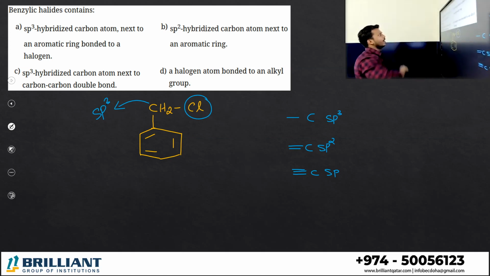Okay, let's see. Benzylic halide contains an sp3 hybridized carbon. What is option A? An sp3 hybridized carbon atom next to an aromatic ring bonded to a halogen. Yes or no? The halogen connected carbon is sp3 to which an aromatic ring is connected. Is sp2 possible?